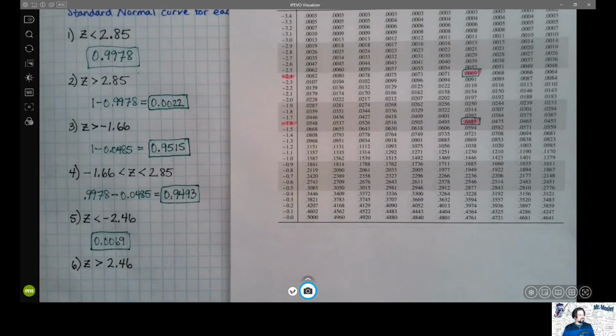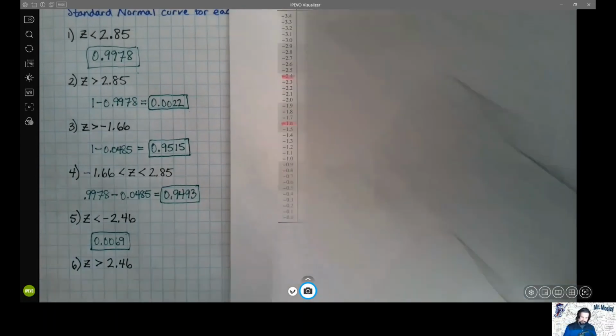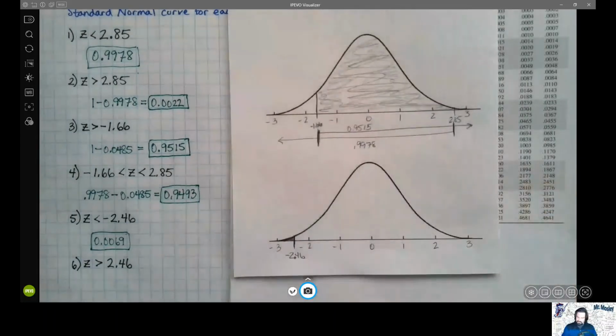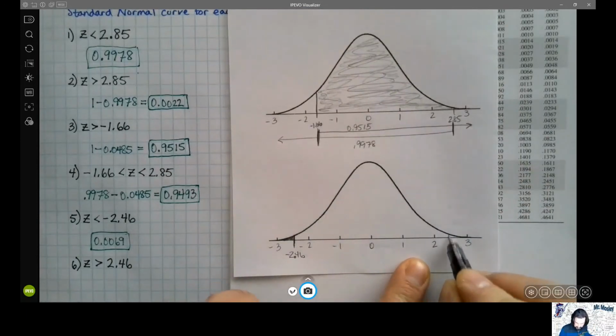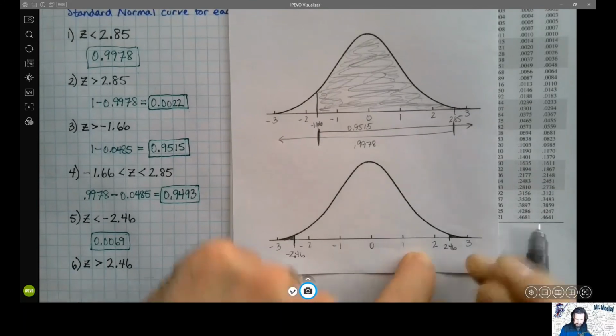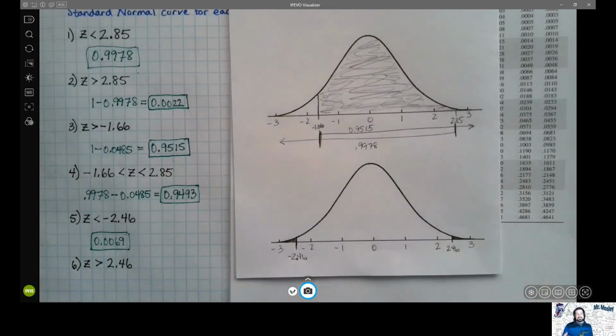One last example here. We have a z-score greater than 2.46. So now let's think of that. If we go to 2.46 on the positive side, and we want greater than, we're essentially looking at the same proportion, just on the other side.